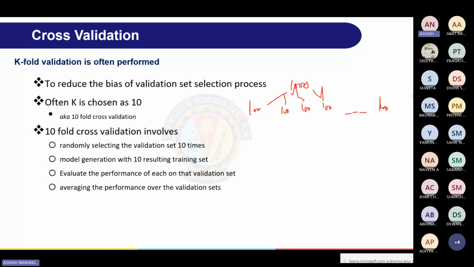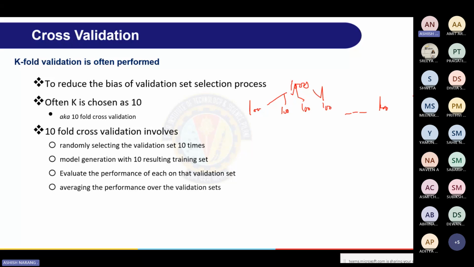Next time, I pick records 801 to 900 for validation. Third time, maybe 701 to 800 I'll pick for validation. The rest, 900 records, I'll use for training.